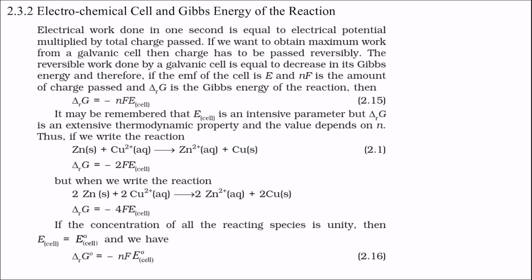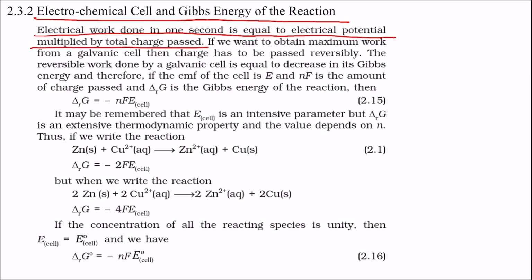Next topic is electrochemical cell and Gibbs energy of the reaction. Electrical work done in 1 second is equal to electrical potential multiplied by total charge passed. To obtain maximum work from a galvanic cell, charge has to be passed reversibly.